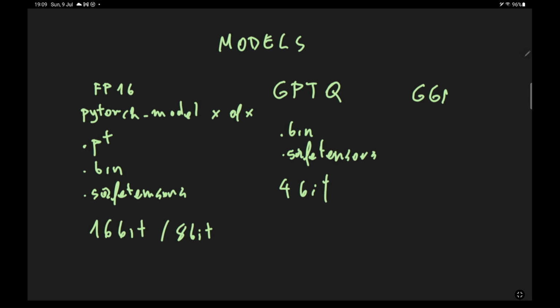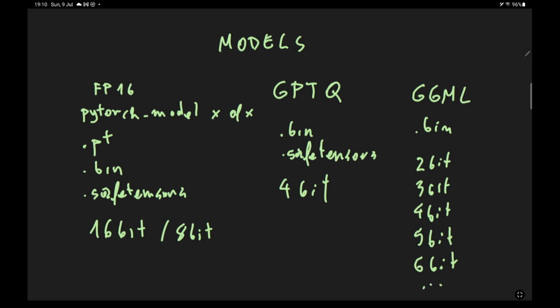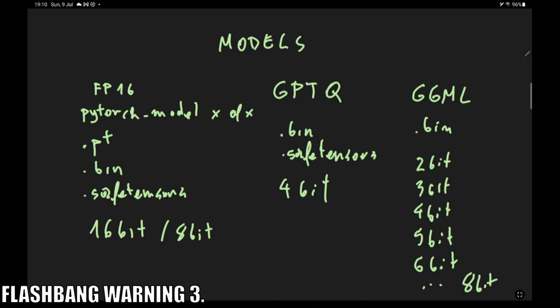GGML models are specific to the Llama.cpp project. They use the .bin extension. These models allow for various quantization precision and can range from 2-bit to 8-bit. Llama.cpp can be compiled with CUDA extensions to allow for GPU offloading. I will be showing how to run it with the Python bindings that allow to serve the models via REST API.